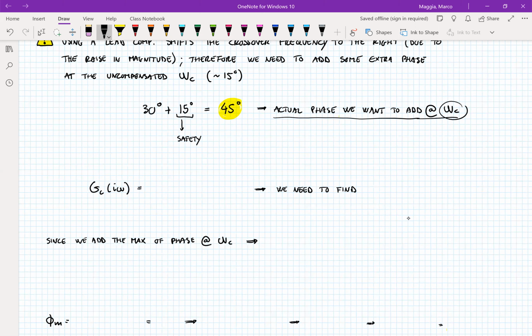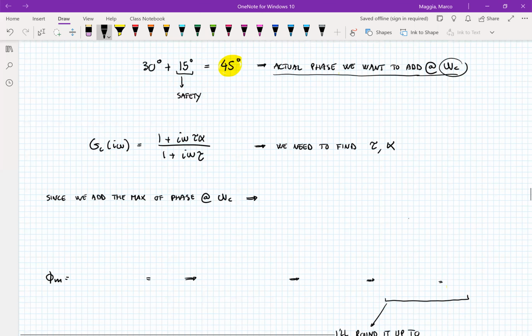So our compensator is, as usual, 1 plus j omega tau alpha over 1 plus j omega tau. To design the compensator means that we actually have to find the values for tau and for alpha. How do we do that?